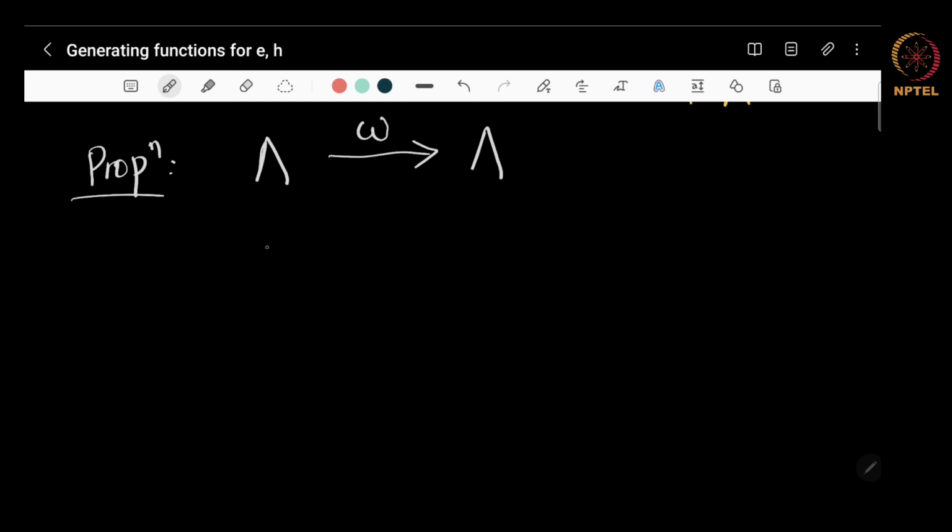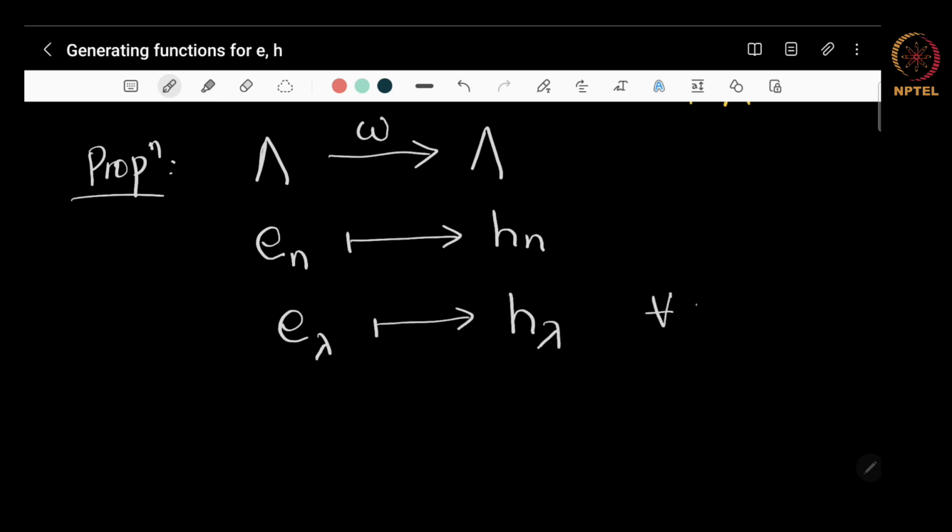Okay, what is this omega defined by? You just take e_n and map it to h_n. Recall that you extend it as an algebra homomorphism. So when I say e_n goes to h_n, e_n1, e_n2, ..., e_nk also goes to h_n1, h_n2, ..., h_nk, so e lambda goes to h lambda for all partitions lambda. Okay, just map e lambdas to the h lambdas, and extend linearly if you wish.